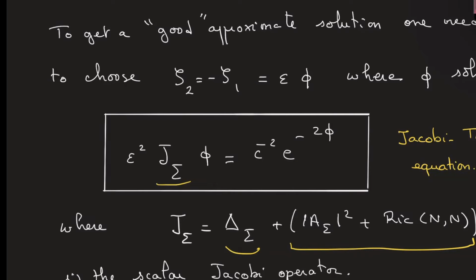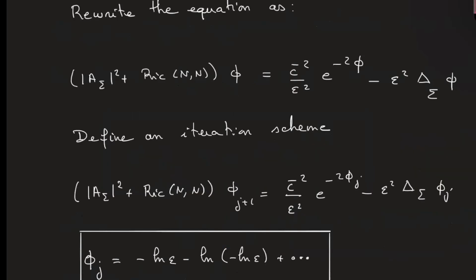Roughly speaking, you need to solve this equation, and it has been christened the Jacobi-Toda equation. I will probably return to this later on, because it involves the Jacobi operator, but also because if you forget about this term here, this looks very much like an equation which is called the Toda equation. So if you were able to solve this equation, eventually you can prove the result. To prove the result, if I understand well, they have slightly rewritten the equation as follows.